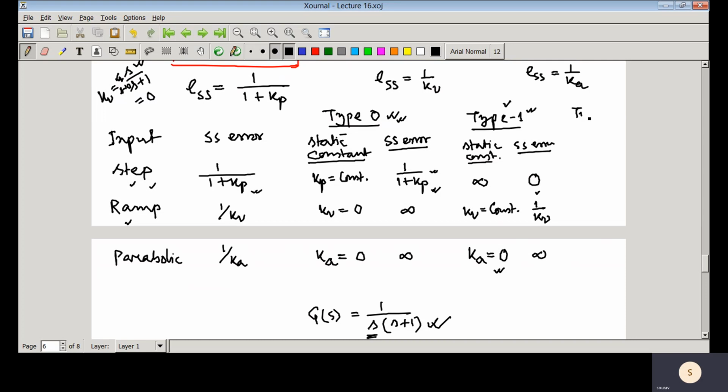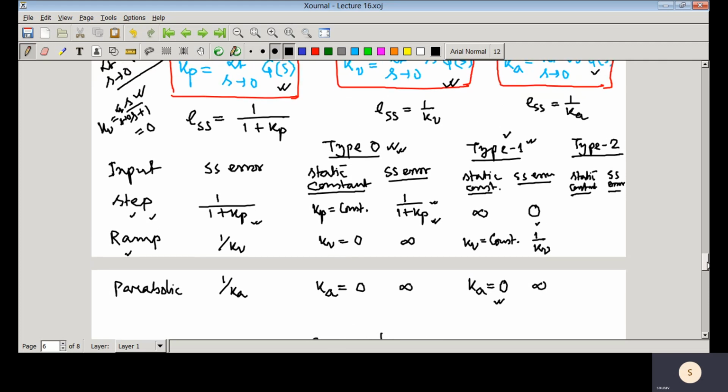Now if we go for a type 2 system, then what is that static constant, and here you have the steady state error. This is the type 2 system.